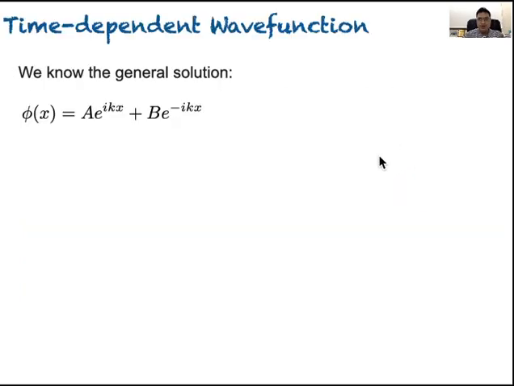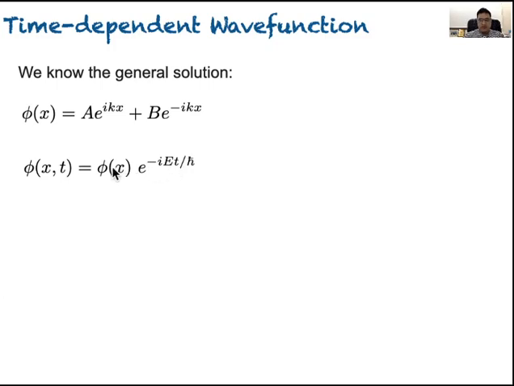Now, this is the general solution of our wave function for a free particle. We have seen in the previous class, where we discussed the time dependent and time independent Schrodinger equation, that the time dependent wave function phi of x,t is always written as a product of the time independent wave function phi of x times the time dependent part, which is nothing but a phase factor written as e to the power minus iEt over h cross.